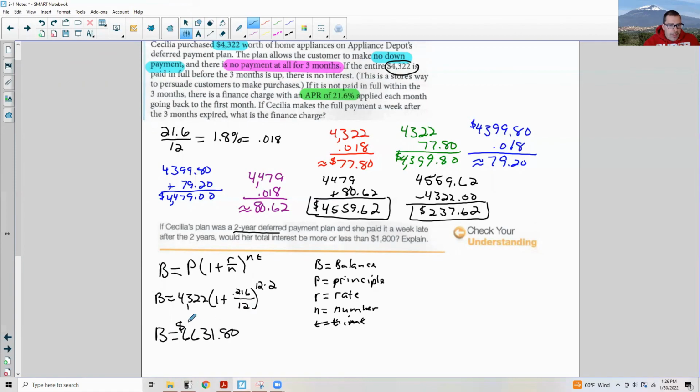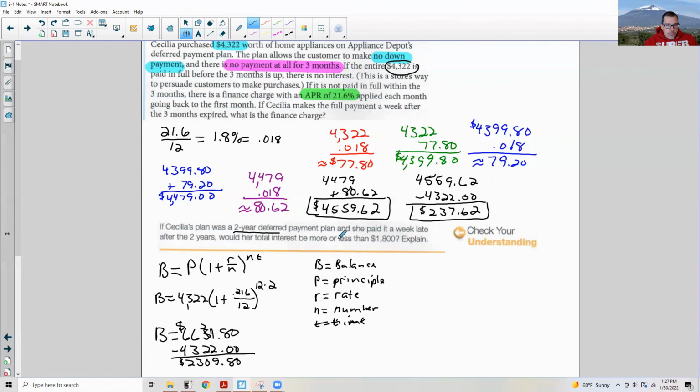Okay, so when I do that, 6,631.80 minus the principal of 4,322.00, the interest they would have paid is $2,309.80.